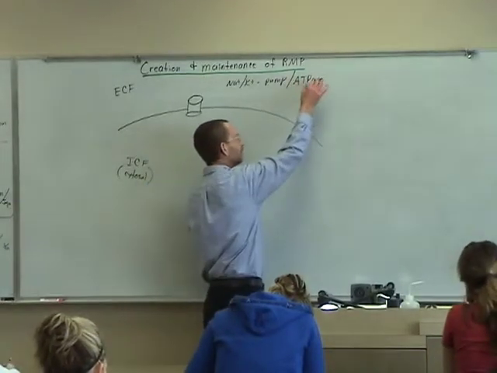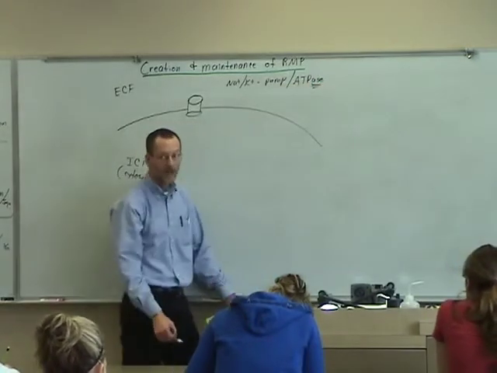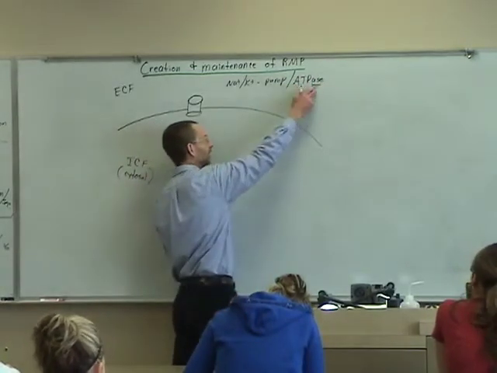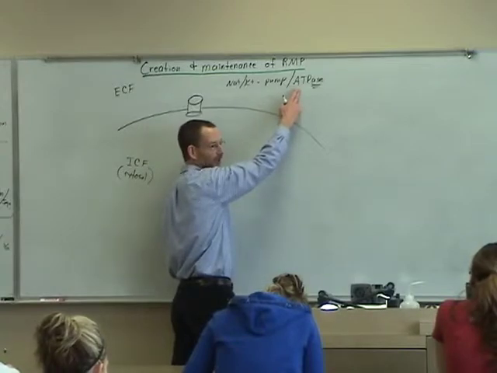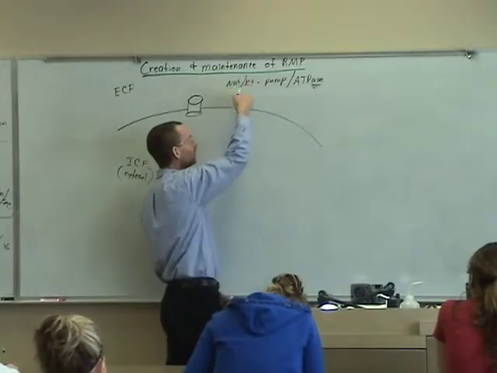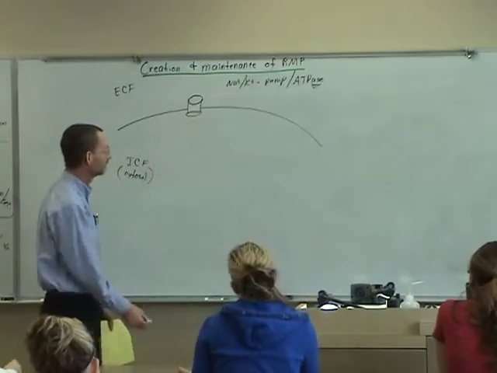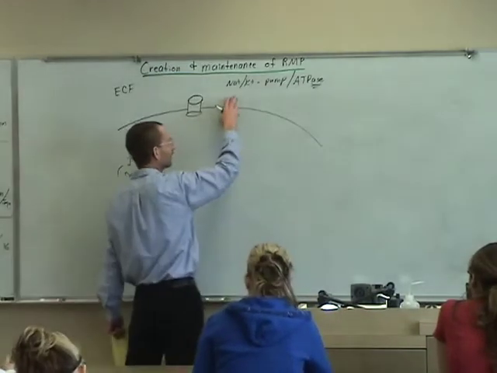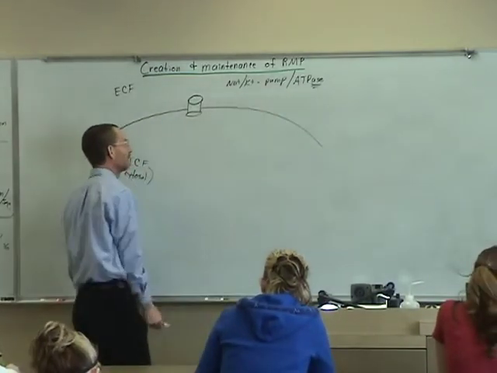ACE, of course, is denoting an enzyme, and the substrate is ATP while it's doing this pumping of ions. So they're the same thing, sodium potassium ATPase or sodium potassium pump.